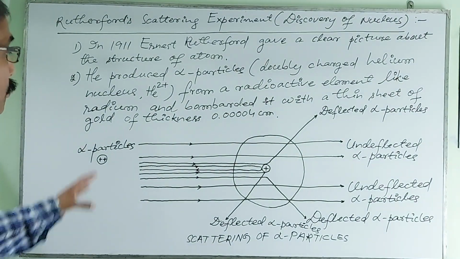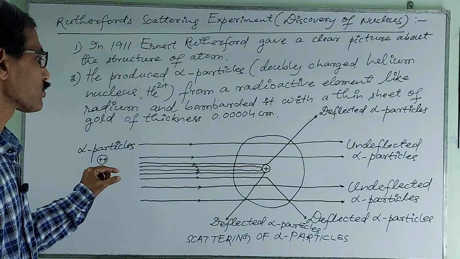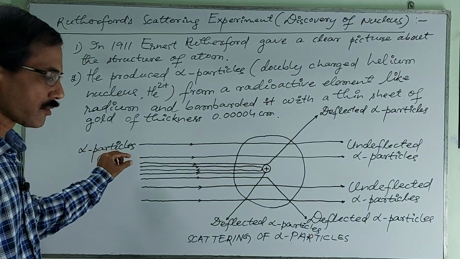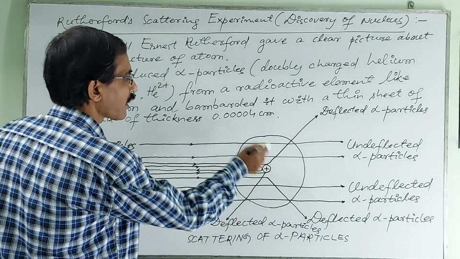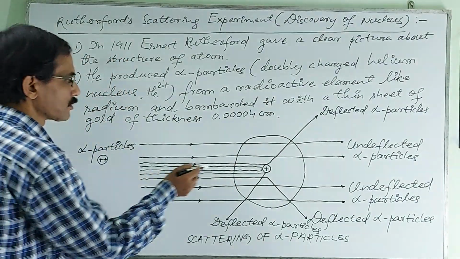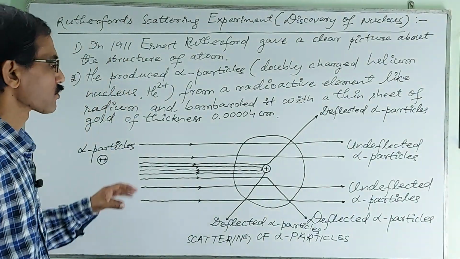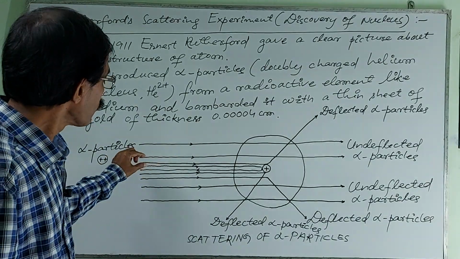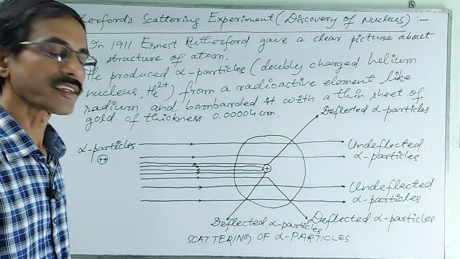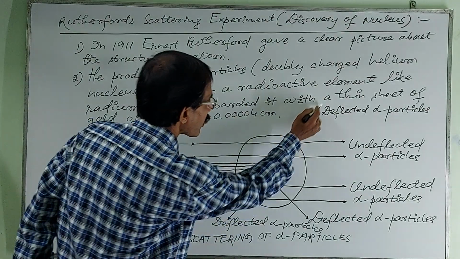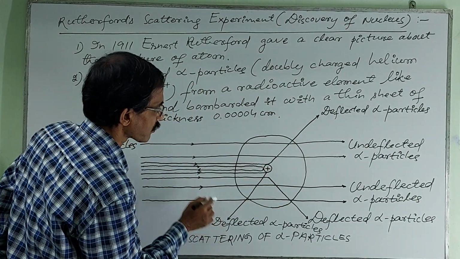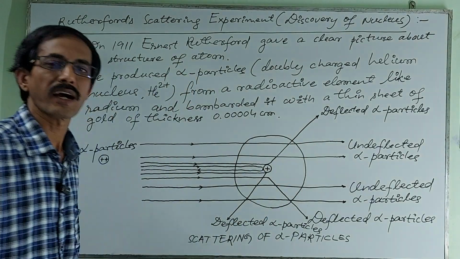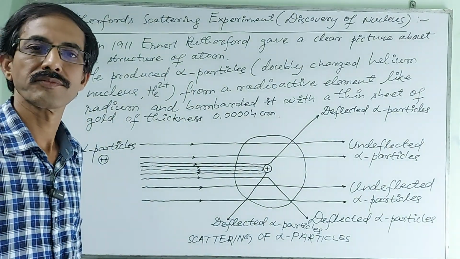And a few alpha particles, when struck at the center of the atom, were deflected at wider angles after passing through the gold foil.